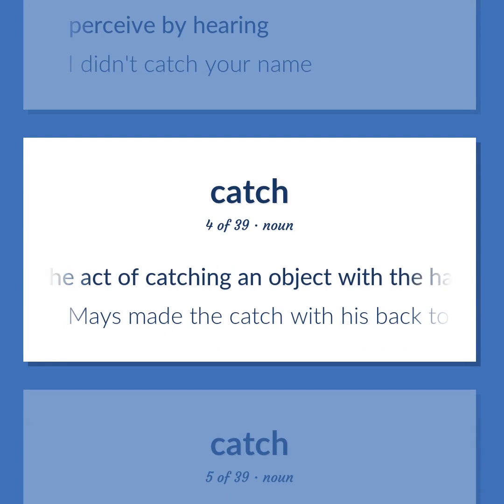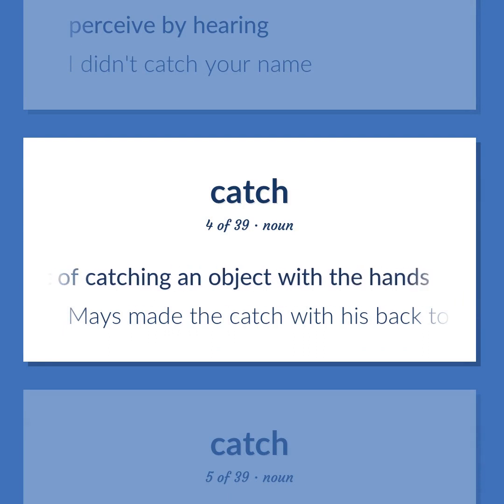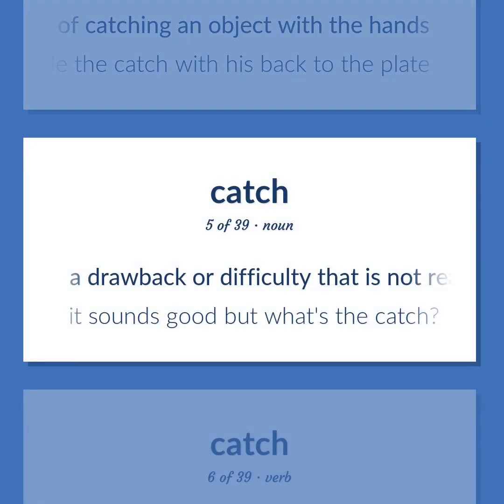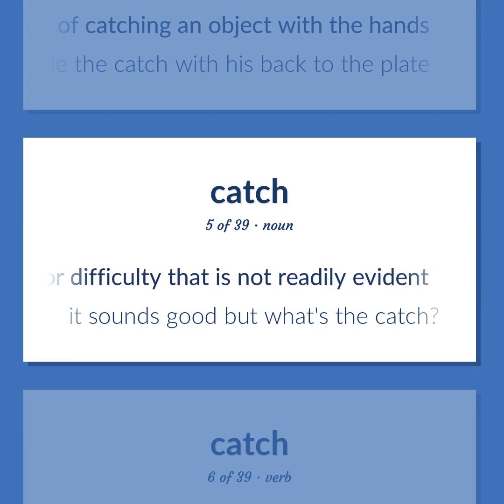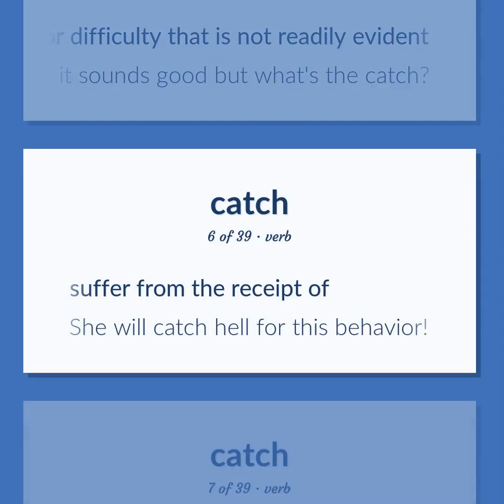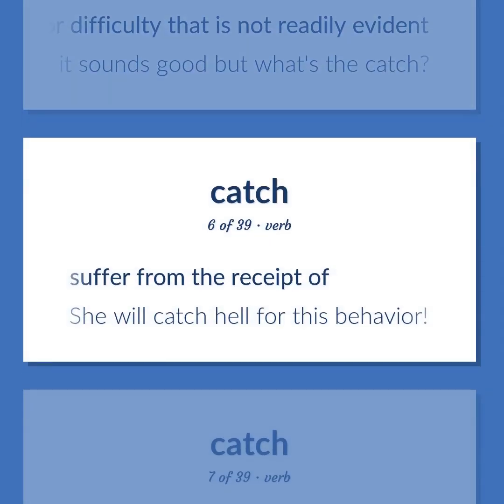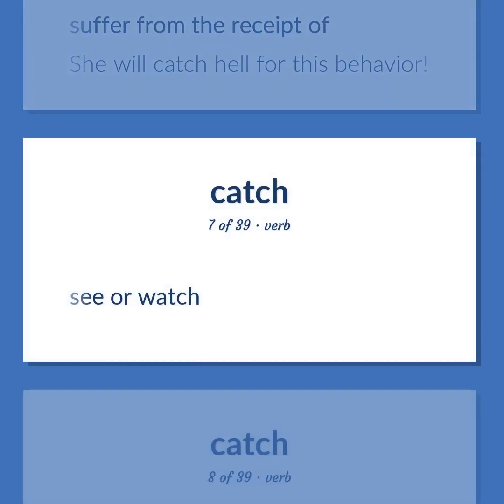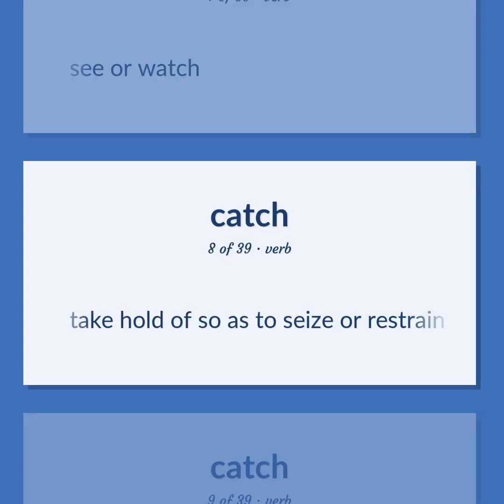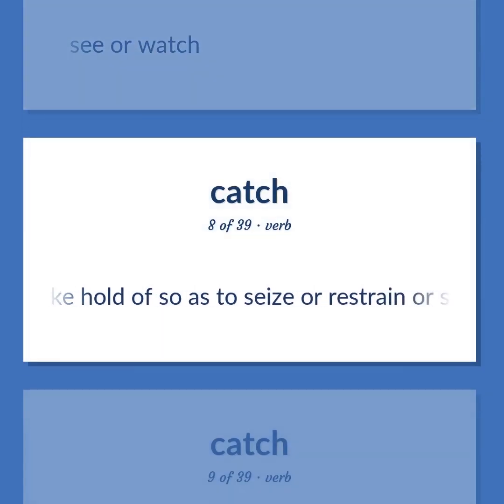The act of catching an object with the hands. Mays made the catch with his back to the plate. A drawback or difficulty that is not readily evident. It sounds good, but what's the catch? Suffer from the receipt of. She will catch hell for this behavior. See or watch. Take hold of so as to seize or restrain or stop the motion of.